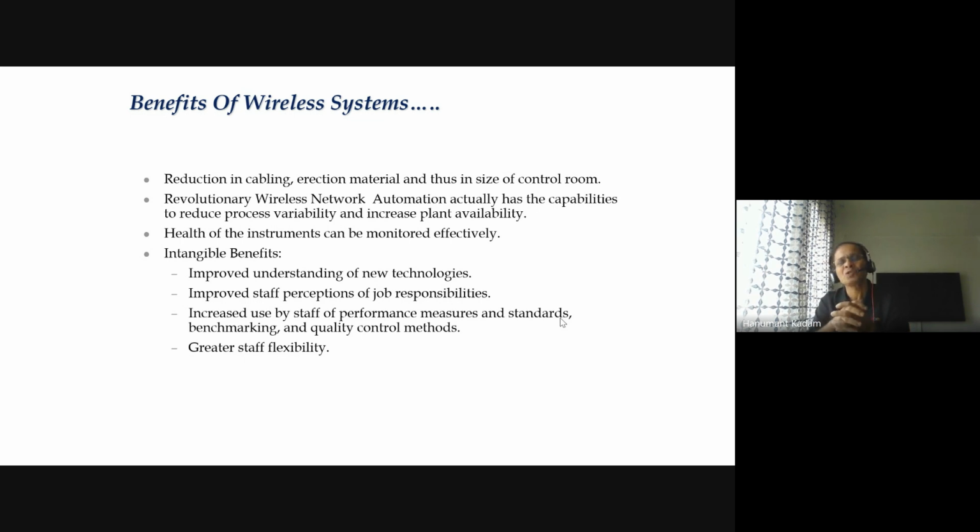Now it is used in plants, but presently only for very critical, difficult to reach locations, where vibration is measured through wireless systems. Slowly it will be used more in plants, especially in refineries.